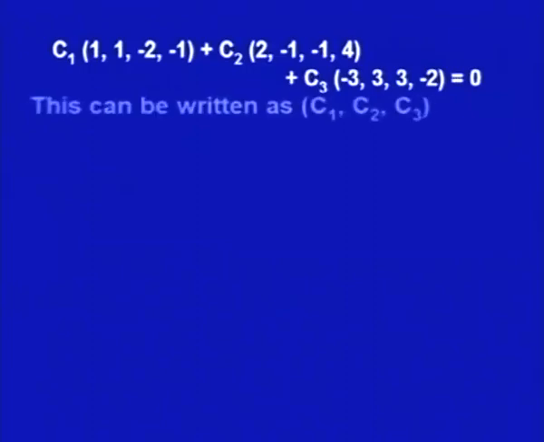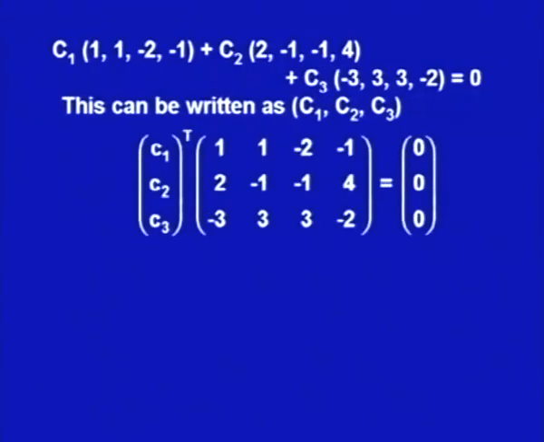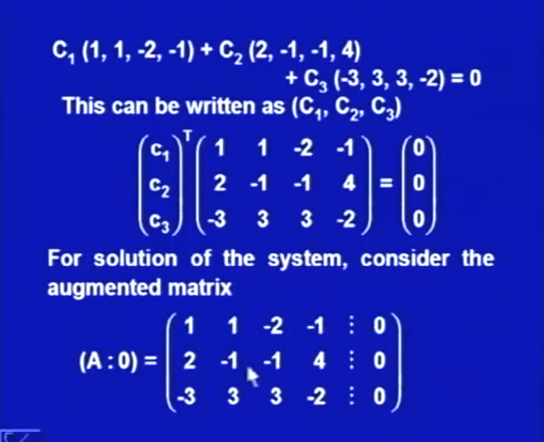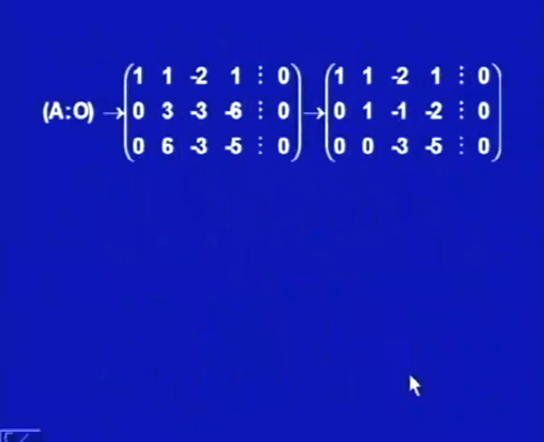Now, this system can be written in matrix form, and from here we can obtain the augmented matrix as this. Now, we try to reduce this augmented matrix into row reduced echelon form. So, we start with [A | 0], which is this given matrix. We apply linear transformations.